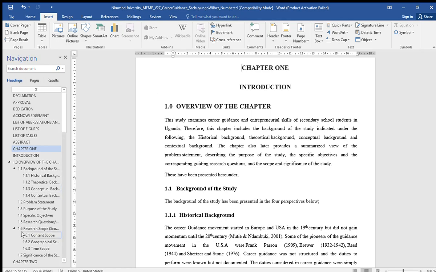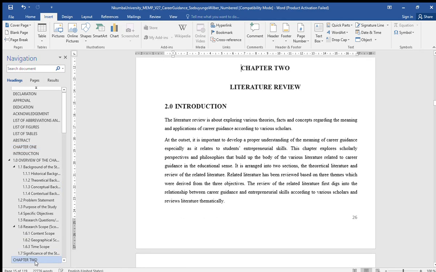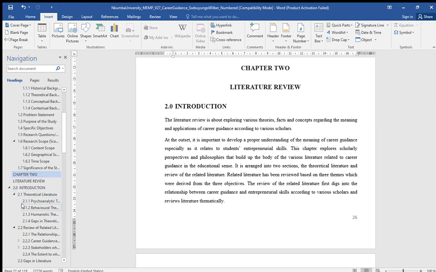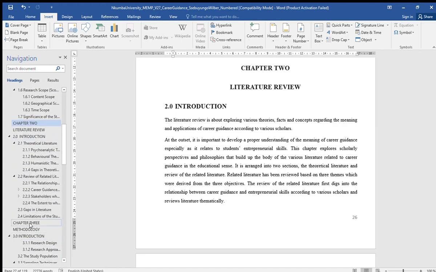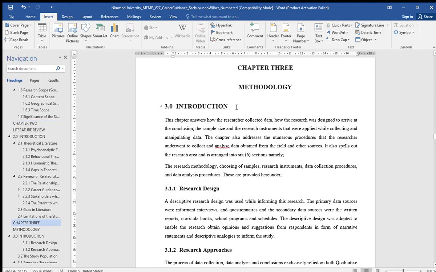But if I am to show you, just have a little look at chapter 2 called literature review. 2.0 is called introduction because the name of the chapter is literature review, so the word introduction can sound clearly to the reader. Chapter 3, methodology, will also have introduction. So you can see that 3.0 is named introduction.